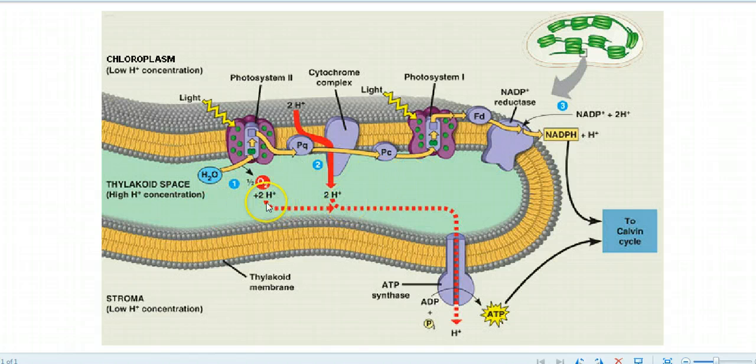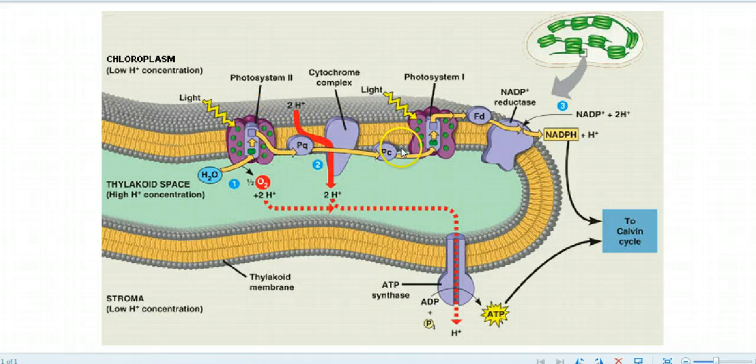It just stays where it is basically, right? And then the oxygen is released out into the atmosphere. It just will diffuse naturally into the atmosphere and be lost as a waste gas by the plant. And then the electron goes to the reaction center, where it gets energized again. It has lots of energy to go down the electron transport system.